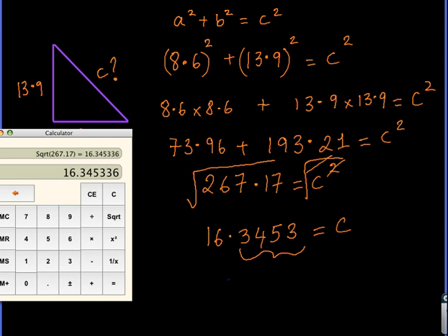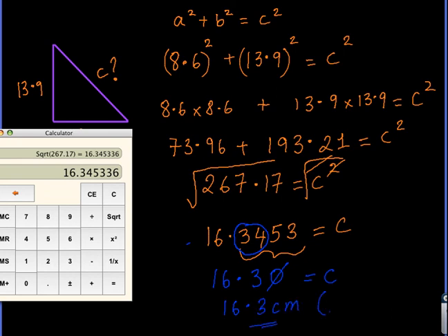So this one here, I'm going to round it to, let's say, 3 significant figures. So the 3 significant figures are 1, 2, 3, so it's the 3, and next to the 3 I have a 4, so 34 is close to 30, so basically the answer becomes C is equal to 16.30, and we don't need the 0 at the end, or just 16.3 centimeters.